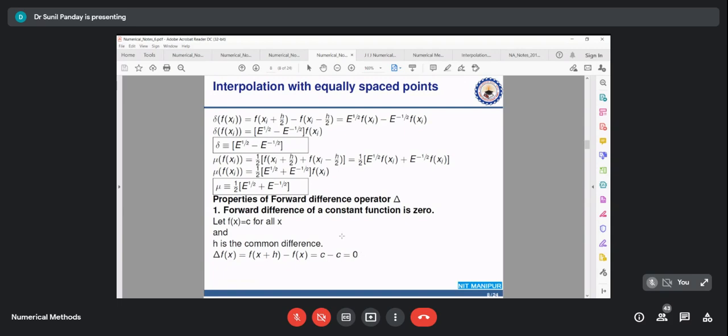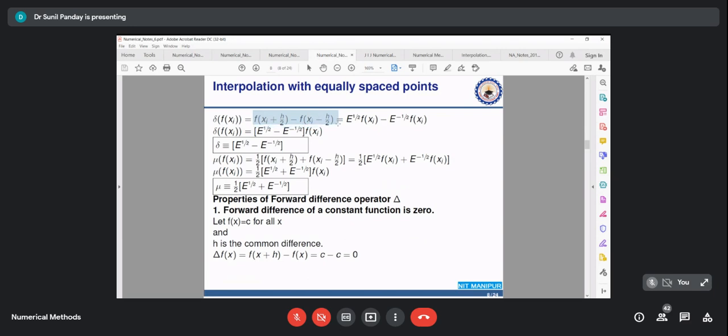Then the relation between the central difference operator and the shift operator. We know that from the definition of the central difference operator, delta of f of xi is equal to f of xi plus h by 2 minus f of xi minus h by 2.